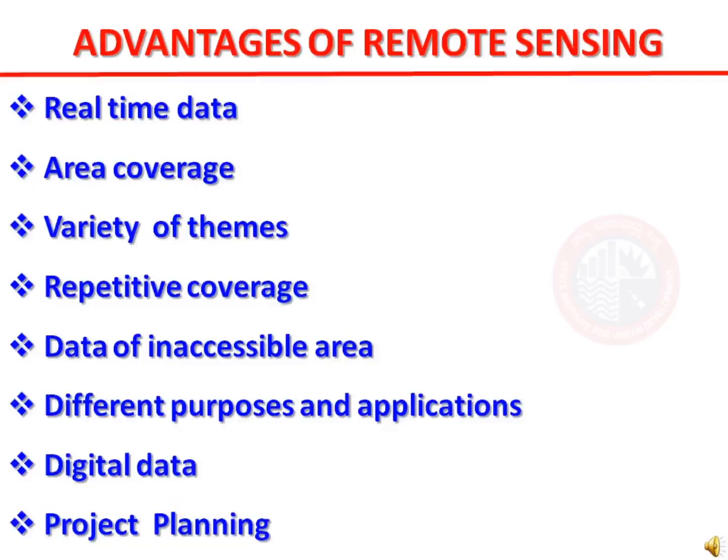Advantages of remote sensing: we are getting real-time data, area coverage is large, variety of themes, repetitive coverage, data of inaccessible areas, for example forest, different purposes and applications, digital data form, project planning, etc.